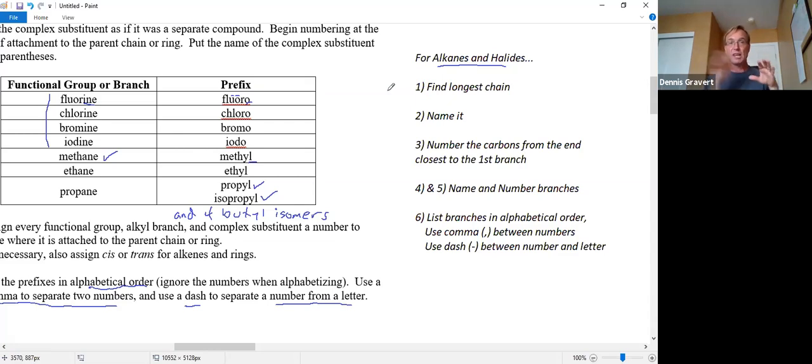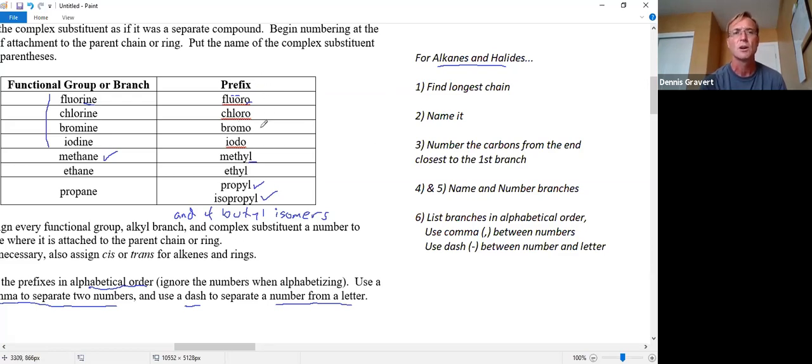After you've named and numbered the parent chain, walk down the chain. Is there extra stuff, decorations I call them, other alkane branches or halides? If so, for each extra group, say where it branches off from the parent, what numbered carbon, and what's the name for it. Right in the middle of the screen are the prefixes.